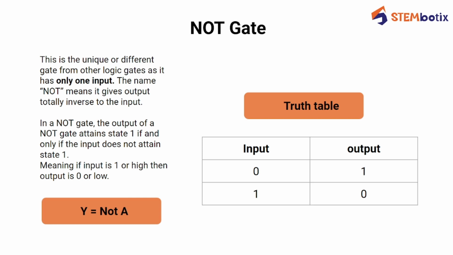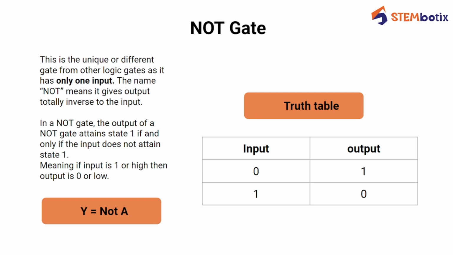Please keep it in mind that only the NOT gate has one input and one output. The name NOT means it gives output totally inverse to input. Whatever input is given, the output is not of it. Means if you have input as 1, then it has output of inverse of 1, means 1 is not, so it will be 0, and if you have input as 0, it will give you not 0, means 1.